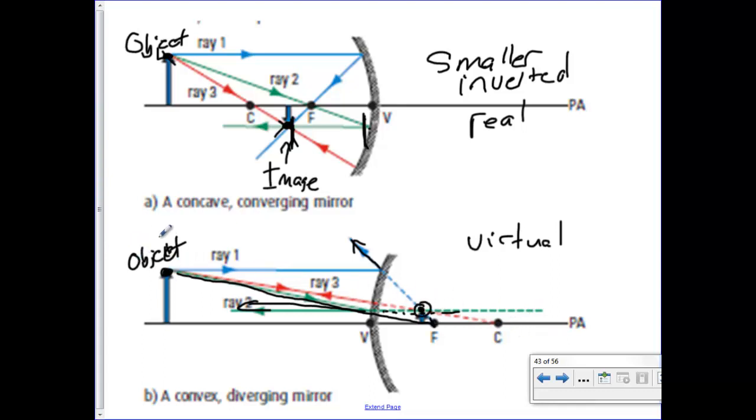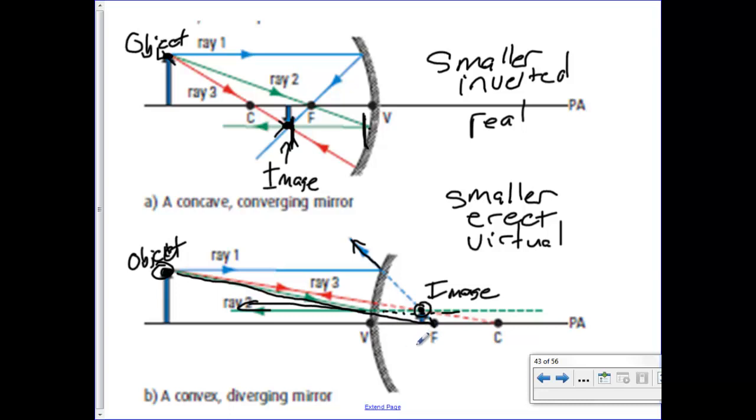And where all of these points converge is where this object will turn into this image. So when you see this thing, you'll see it in the mirror as a virtual image. It will also be smaller, but it will be considered erect because it's in the same direction it was going before. So you're going to see a smaller version of it, right side up, a certain distance into the mirror.